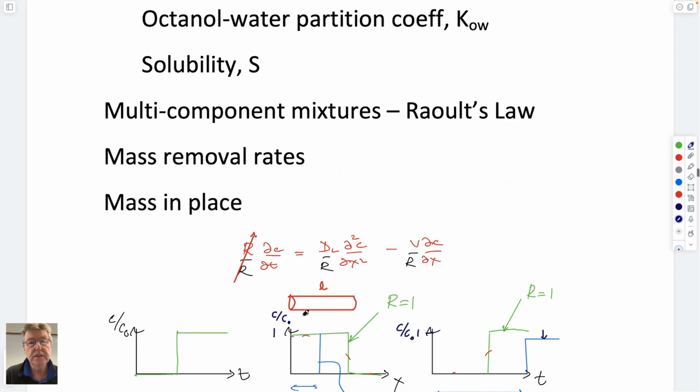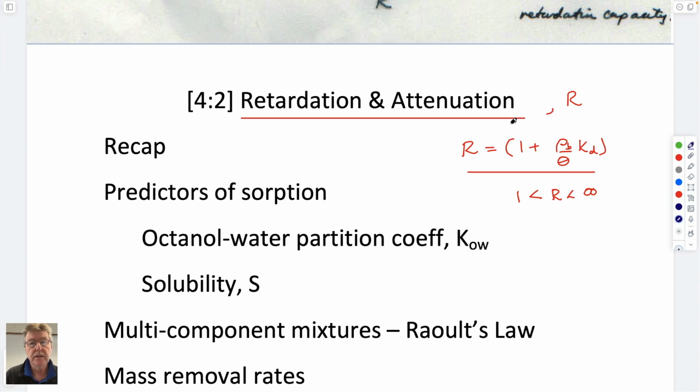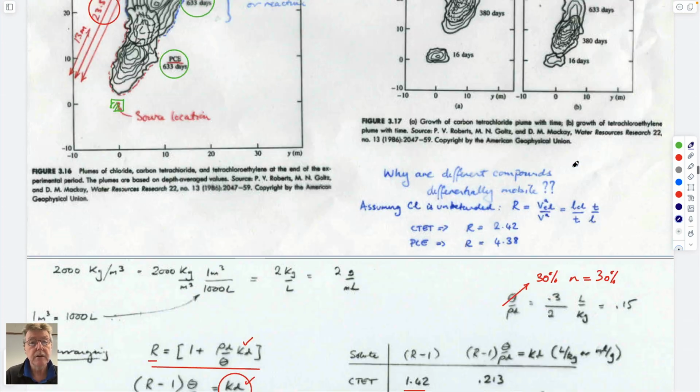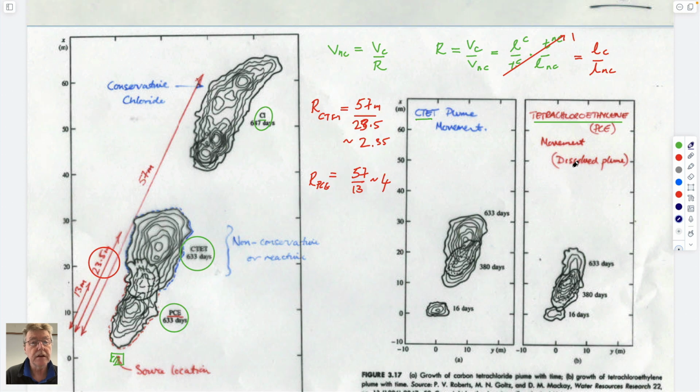So what we'd like to do today is realize that this retardation factor depends on something called a distribution coefficient. And we'd like to know exactly how we might get that if, for instance, we don't have the convenience of a natural gradient tracer test to look at the difference in how far it travels downwind in a given time, which gives us our retardation directly from the two velocities.